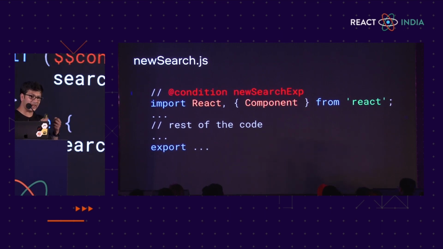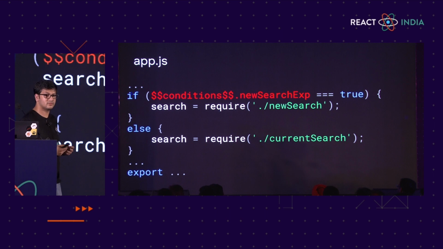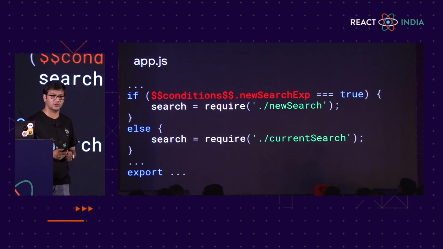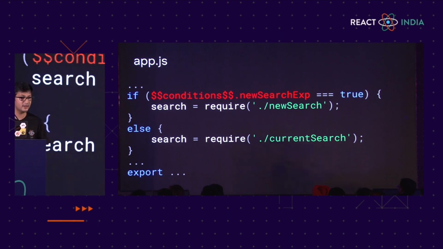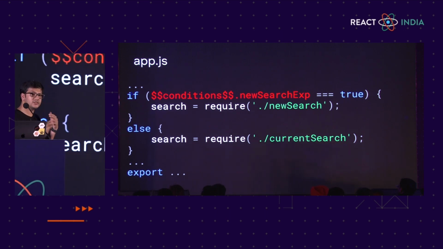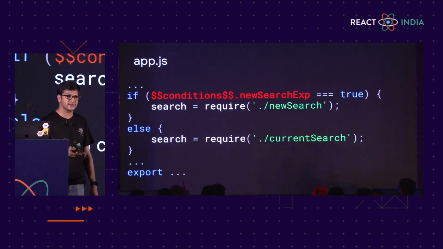In this case, the parent file, which is app.js, is able to say that, hey, when the new search experience is true, that's when I'm going to require the new search component. When it's false, just go and pick the current search experience, right? So these two different syntaxes allowed us to cover almost all the cases of specifying dependencies as conditional.